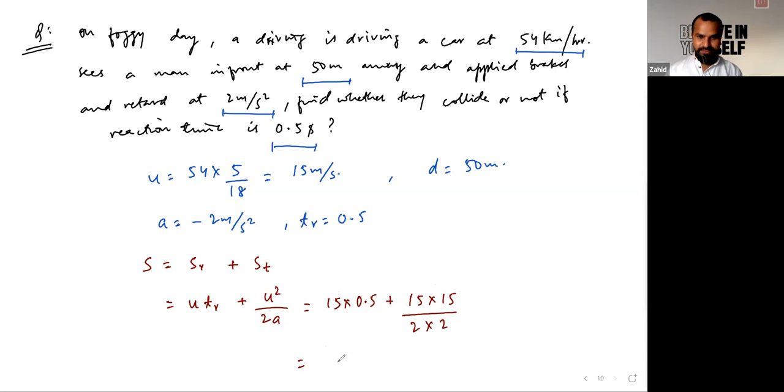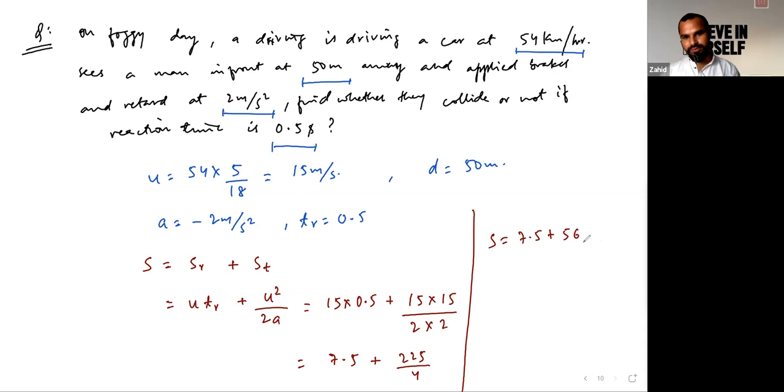So 15 times 0.5 becomes 7.5, and 225 divided by 4 is 56.25 meter. So the total distance is 7.5 plus 56.25, which is 63.75 meter.